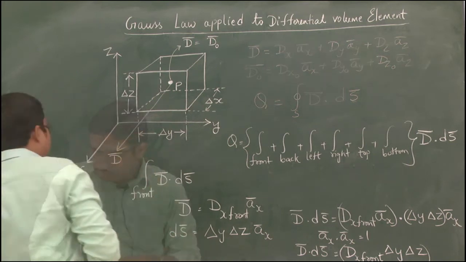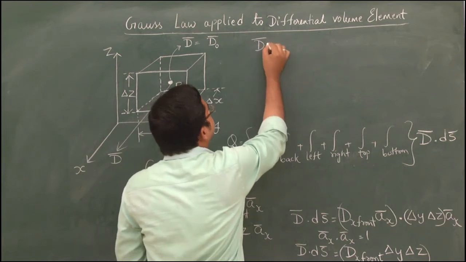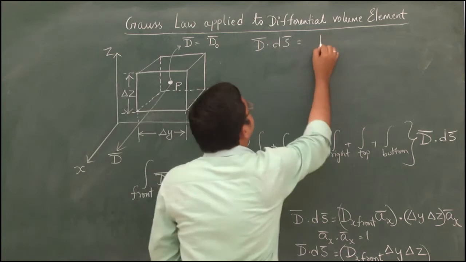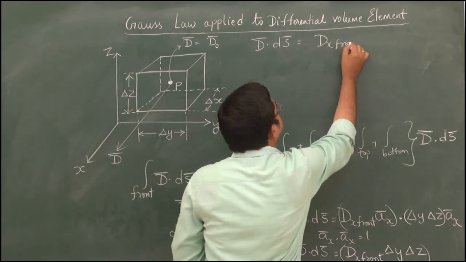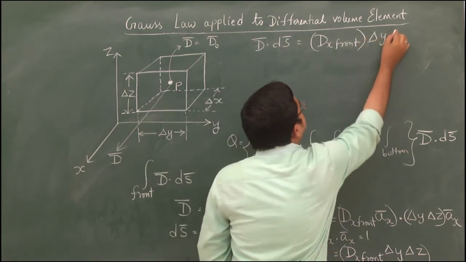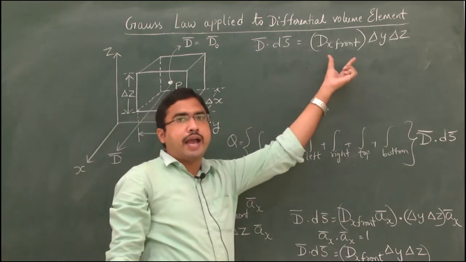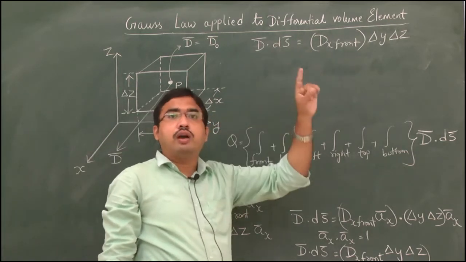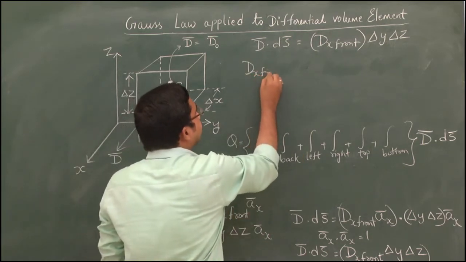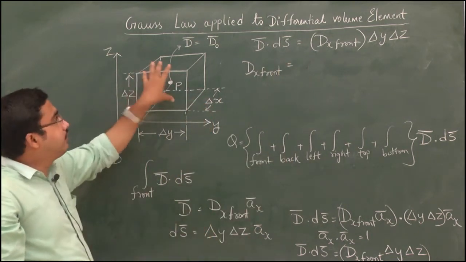Now you have calculated the value of D bar dot dS bar from the front side, which is equal to Dx front into delta y delta z. Now we need to calculate the magnitude of this Dx when you are looking from the front side. The magnitude of Dx from the front side can be taken as the initial value of Dx for this differential volume.